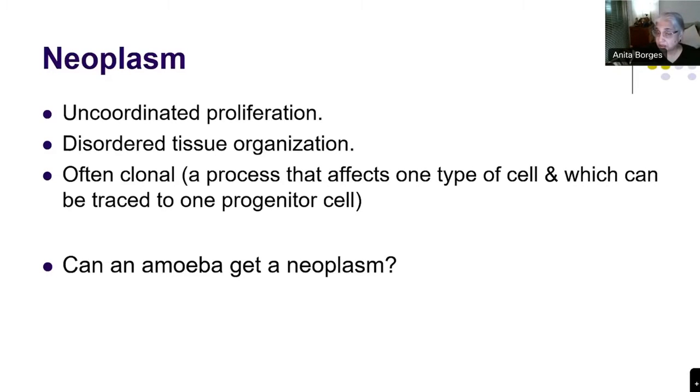What will occur in multicellular organisms? Neoplasm. Why can't we get it in an amoeba? Will you please explain that to Sumita? After all, this is a clonal process, no? So why does it occur only in multicellular organisms? Do you think, Gurtej, that it can only occur in multicellular organisms? Explain to Sumita.